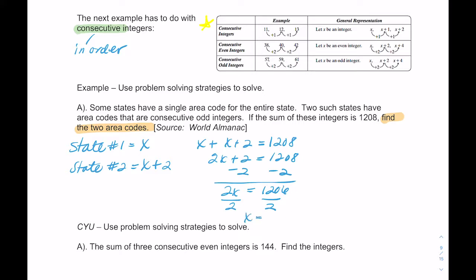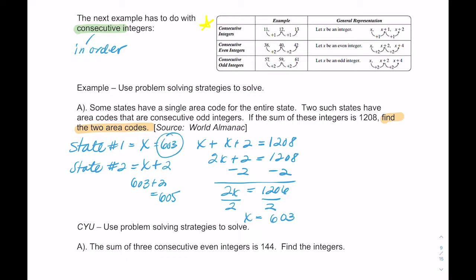And when I divide by 2, I get 603. So remember, I'm looking for the 2 area codes. So I know that the first state has an area code of 603. The second state would have an area code of 603 plus 2, which is 605.